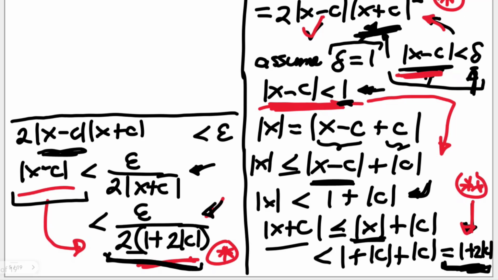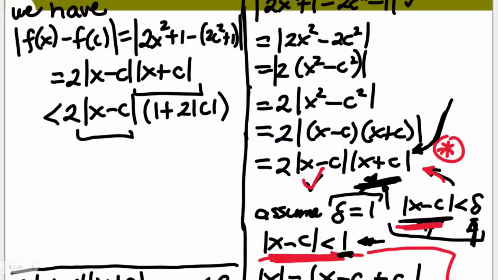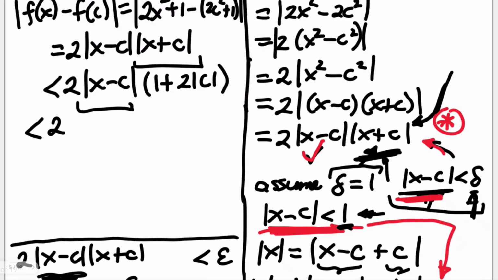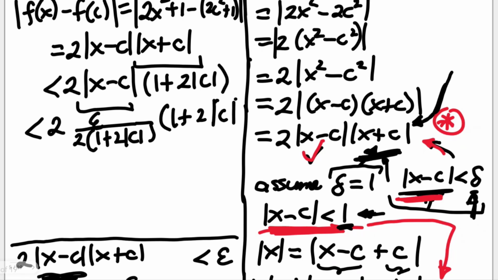So let's use this final form here. So instead, you will have again less than twice. Instead of |x − c|, you will have this other form for delta, that's epsilon over 2 times 1 plus twice the absolute value of c, times again 1 plus twice the absolute value of c.